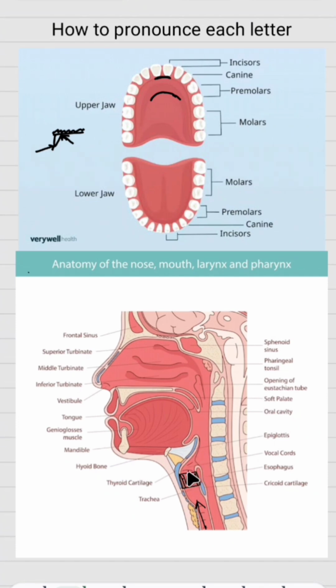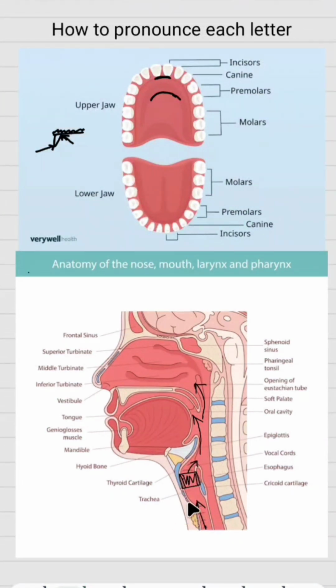Then that's where the sound exits, and either it will come up towards the oral cavity or towards the nasal cavity. The way in which the sound comes out is affected by the position of the tongue, and also by the positioning of your epiglottis.